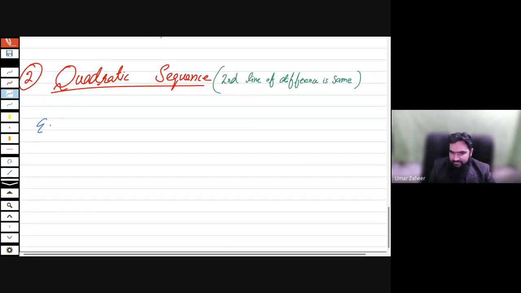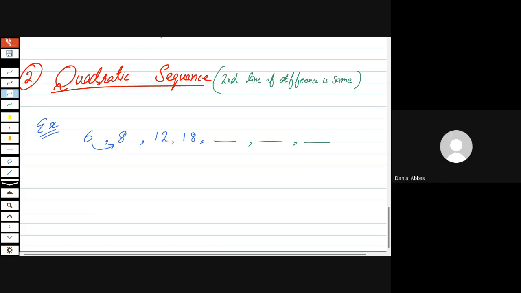For example, we have a sequence 6, 8, 12, 18. Now let's see how to take the difference between the first two numbers. It is 2.